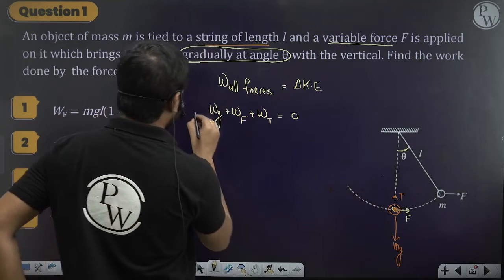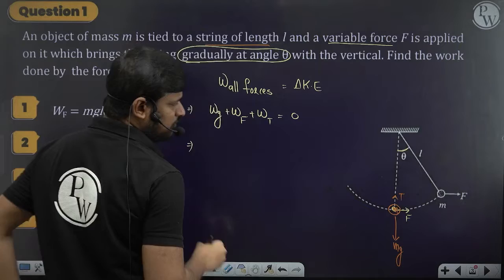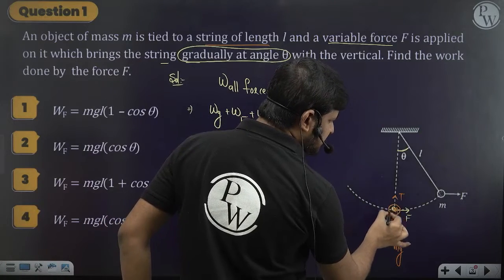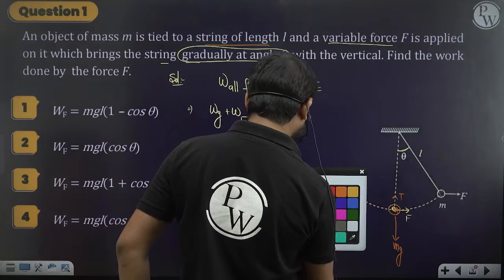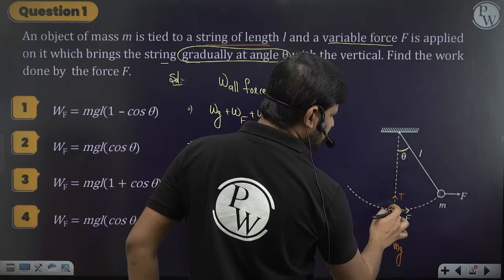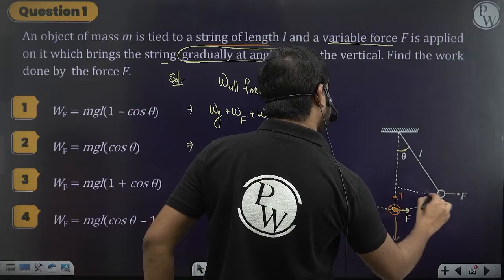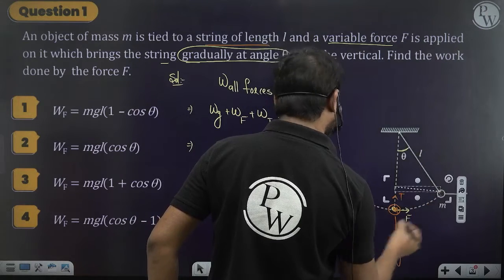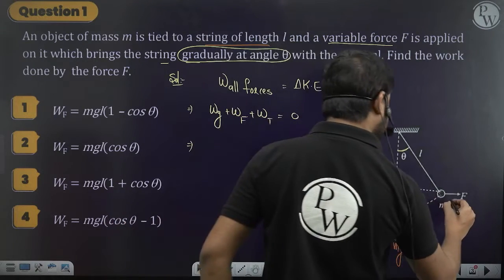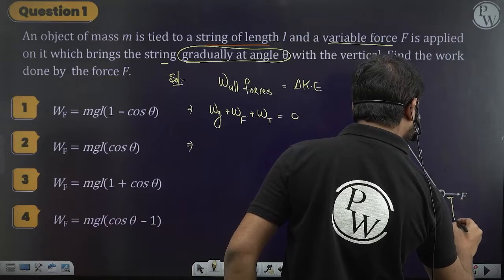Now see here, the work done by gravity. Initially the object is here, and now it is raised from here to here. So it is raised by some height. How much height? Vertically some height h.